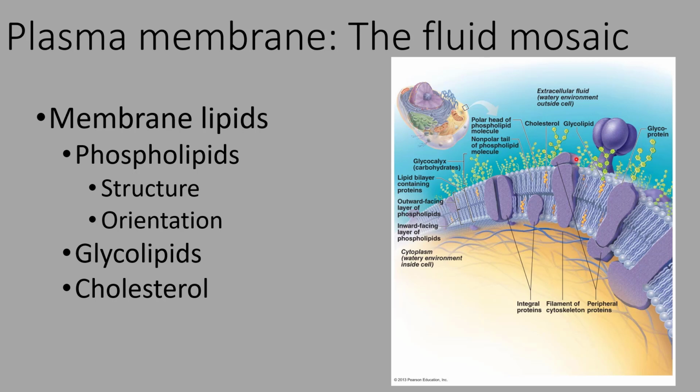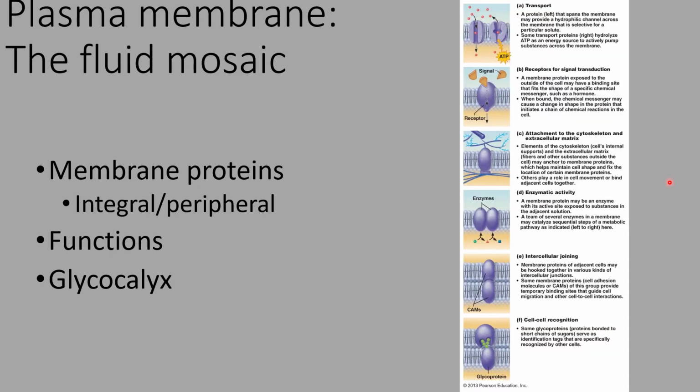Outside the cell, the surface is coated in lots of carbohydrates. And all of those carbohydrates of every type together are called the glycocalyx. That literally means sugar coat. Your cells are sugar coated, and the glycocalyx is what that sugar coat is.